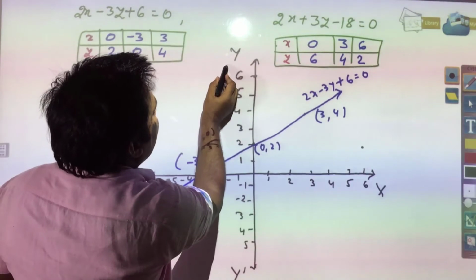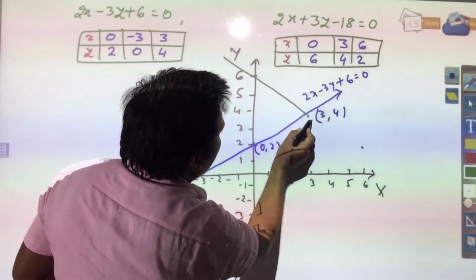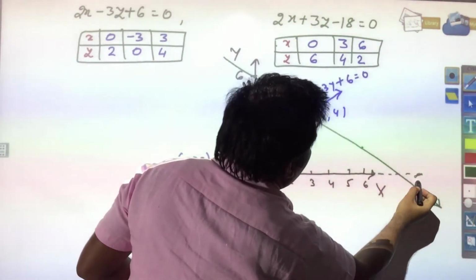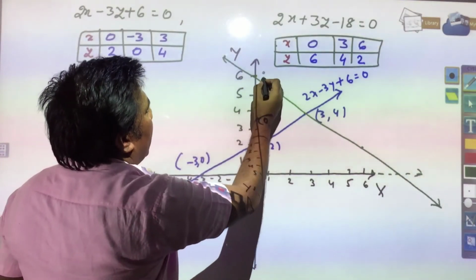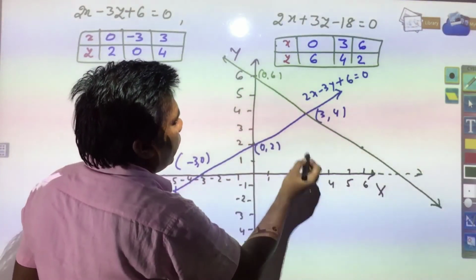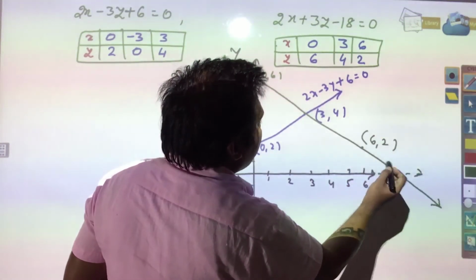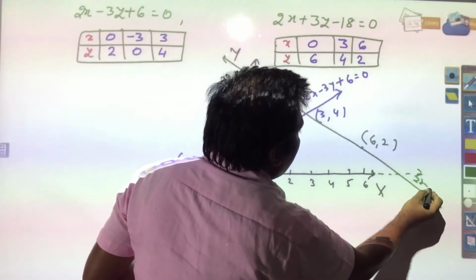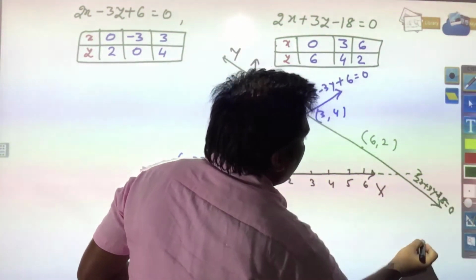So, here you see this is required to be joined with the help of a ruler like this. This will intersect somewhere on the y axis. Your coordinates are 0 6, 3 4 and 6 2, and this line you have drawn for the equation 2x plus 3y minus 18 is equal to 0.